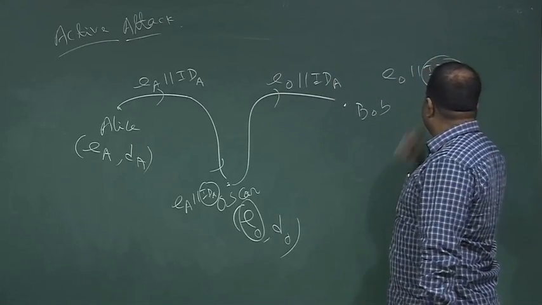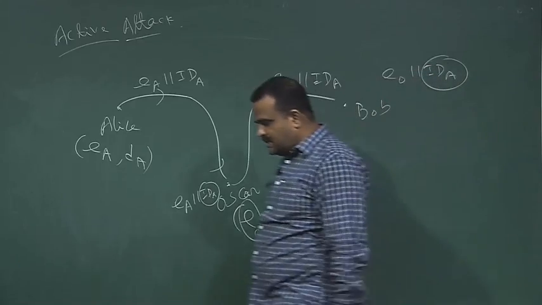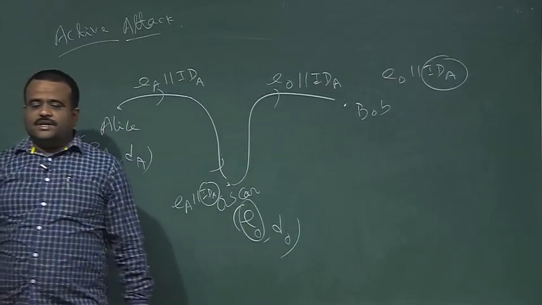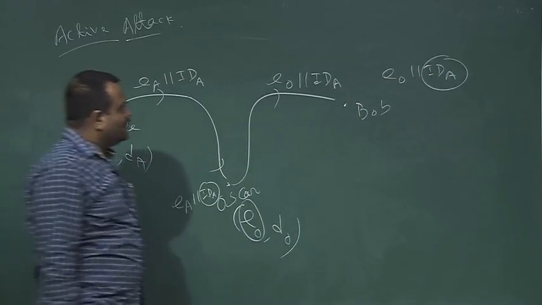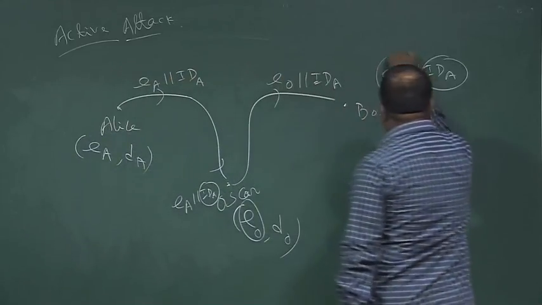Now Bob is receiving E of A and ID of A. Bob takes the ID of A and is convinced that he is communicating with Alice only. Bob will think this is the Alice public key.